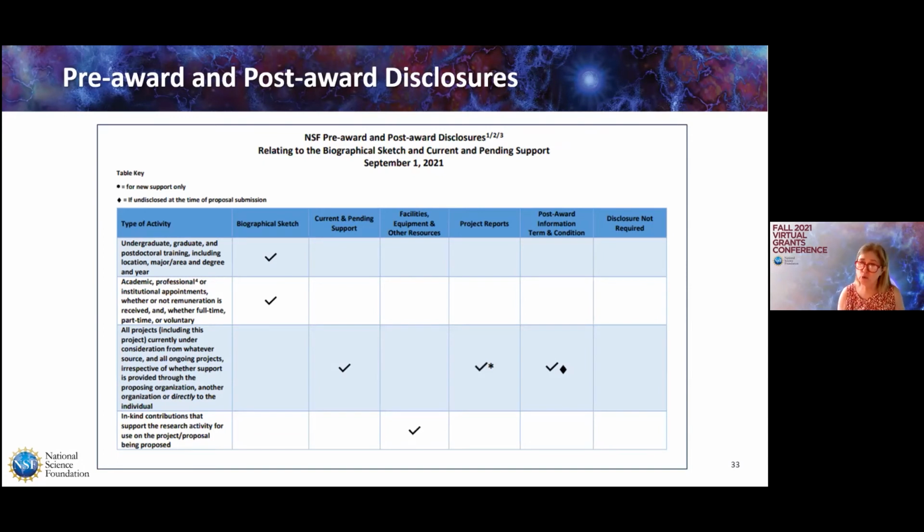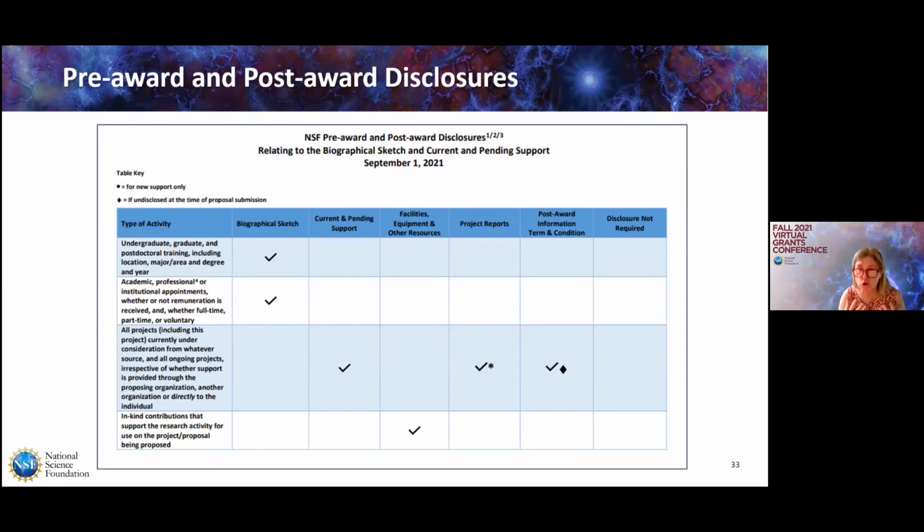So this is a 3-page document that's basically a cheat sheet that lets you know this is the kind of piece of information and where do we want and where do we need you to include it in the proposal, in the biographical sketch, in current and pending support, facilities, equipment, and other resources, and even some post-award reporting that you may need to do and include in information that you provide to NSF.